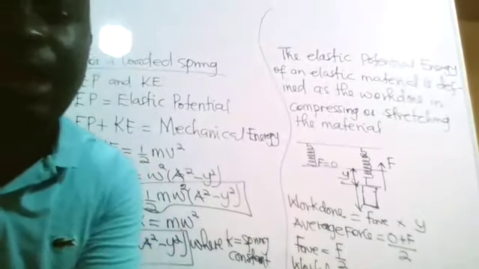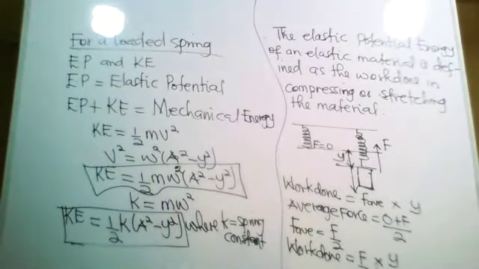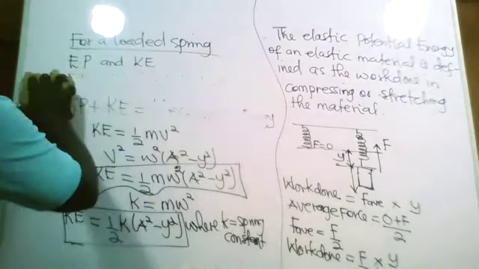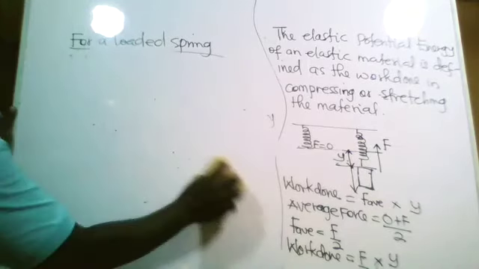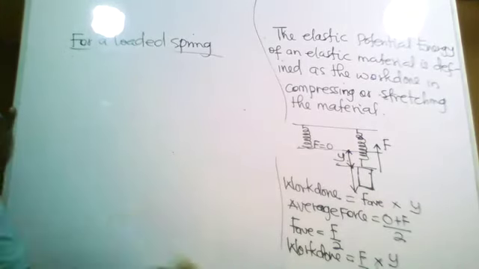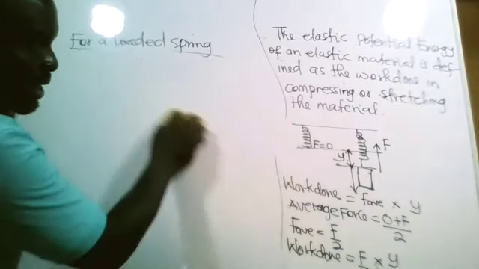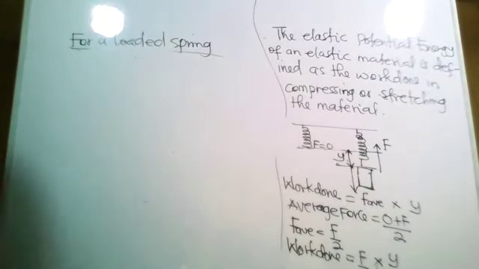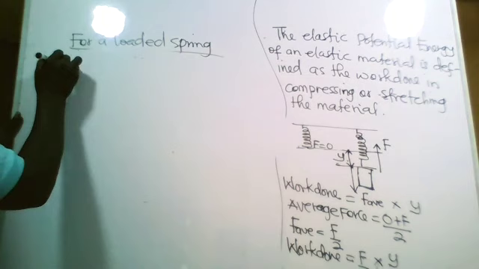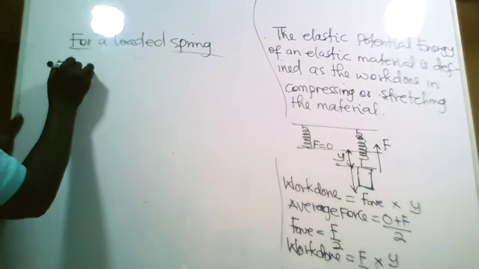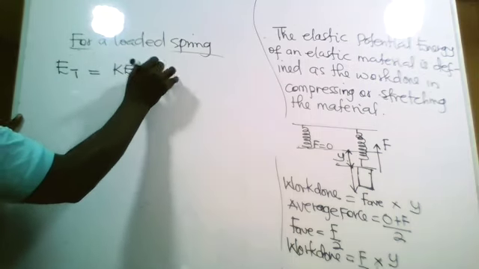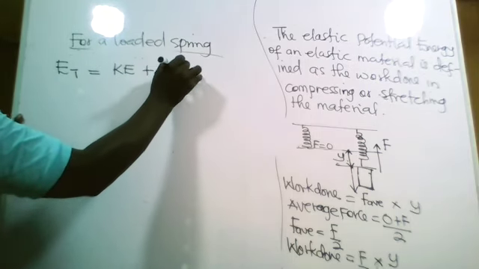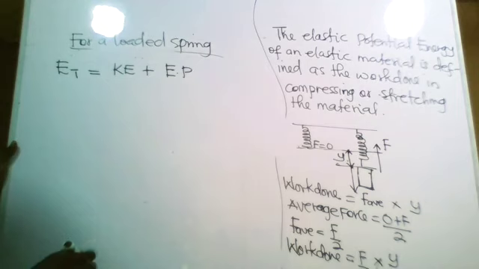So if we are looking at a loaded spring and the total energy it possesses, which is the mechanical energy: the total energy possessed by a loaded spring, E total, is equal to its kinetic energy plus its elastic potential energy.